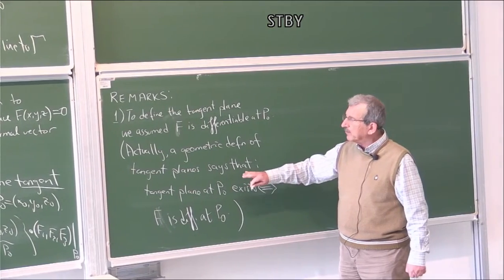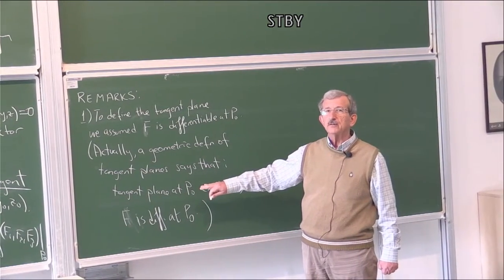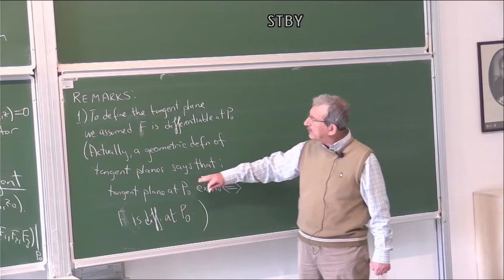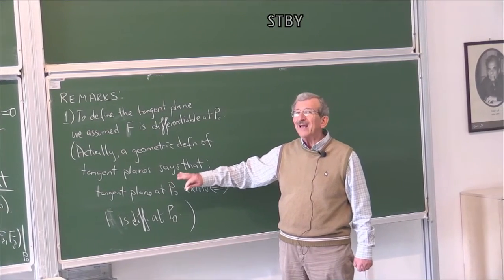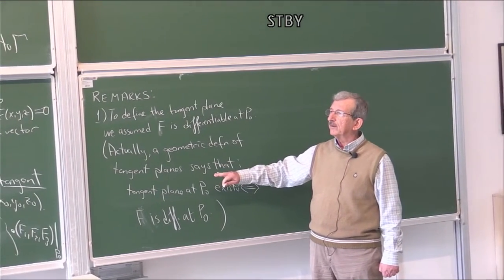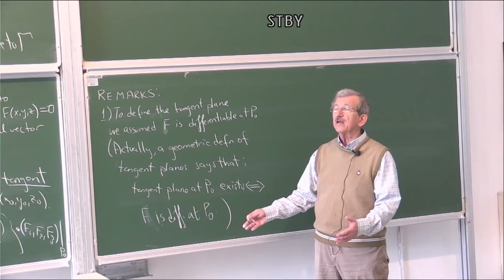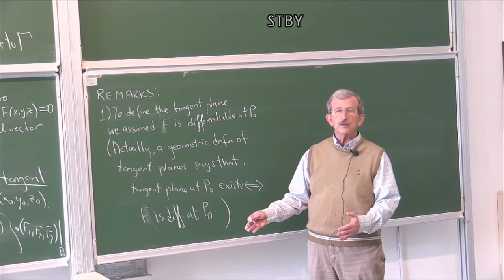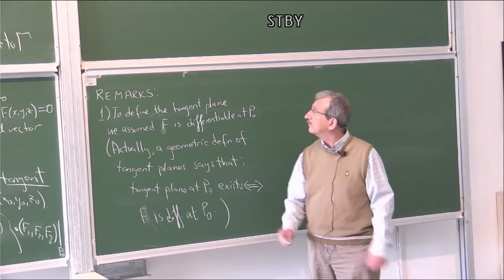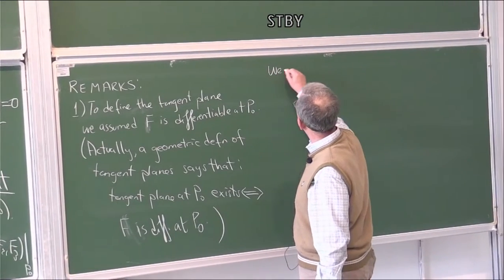In one dimension, we already know this. That is, you can draw a tangent line to a curve in the plane if and only if it is differentiable, which means it has a derivative. So in one dimension, this is well known.